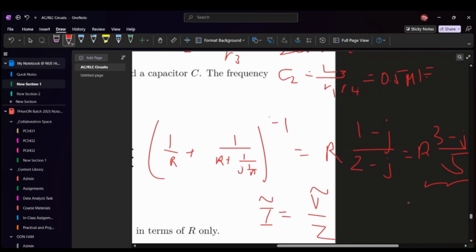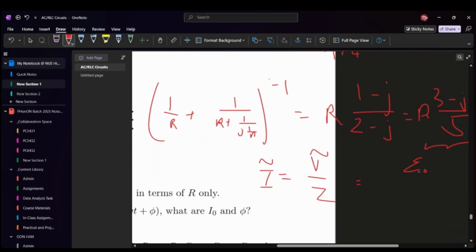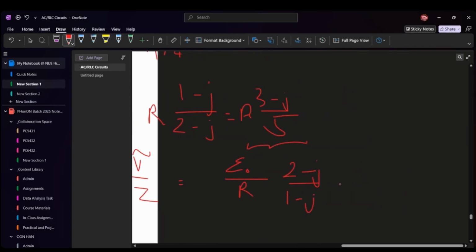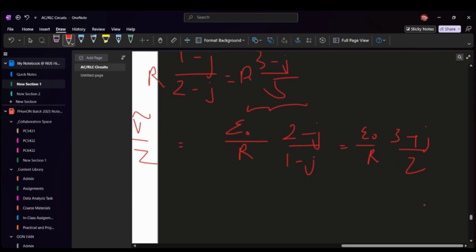So then this is epsilon naught over R (2 minus j) over (1 minus j), which can be simplified to epsilon naught over R (3 plus j) over 2.